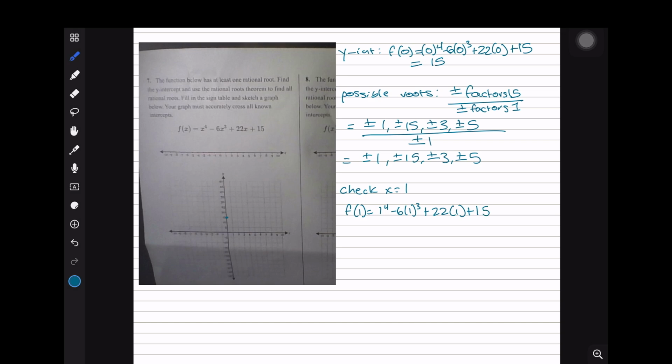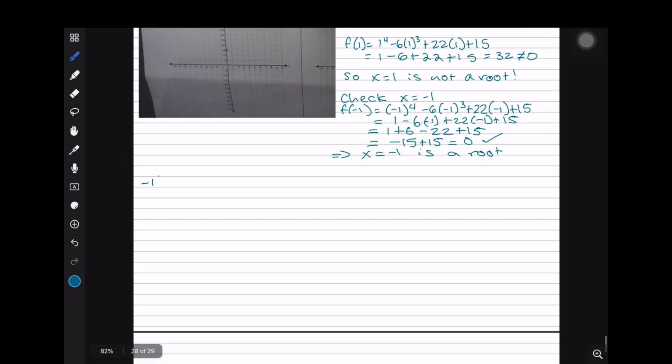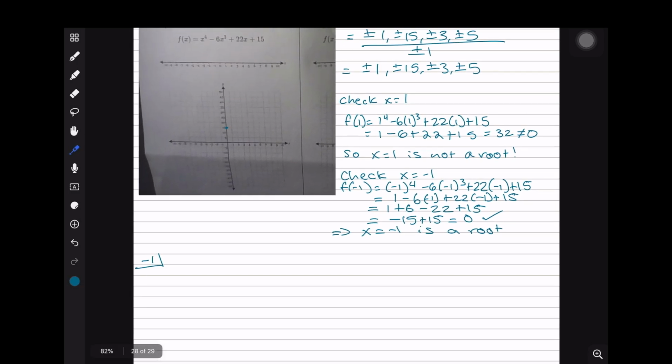We're going to check that and see if we get 0 as an output. So we plug it in and we do the math and we get 32. So 32 does not equal 0, which means that x equals 1 is not a root. What about -1? If we plug that in, we do the math, we get the output is 0. So x equals -1 is a root.